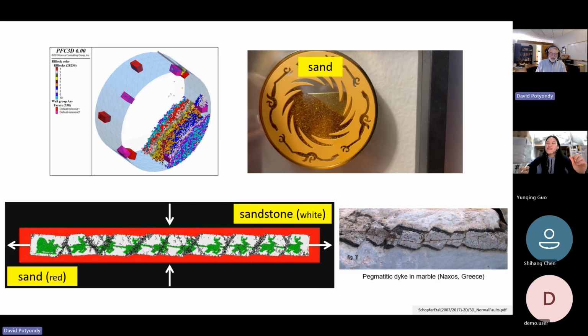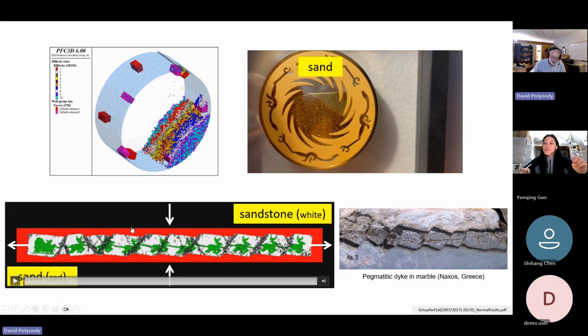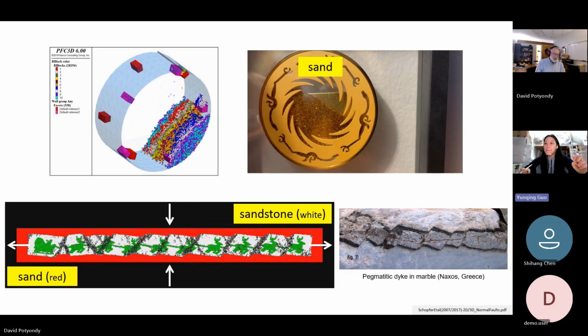And in the world of structural geology, they actually do this sort of thing, not with computers, but in the laboratory. They create what they call sandbox models. They would go in the laboratory and fill something up with sand and then cement a layer of sand and then do things to it and observe what happens.